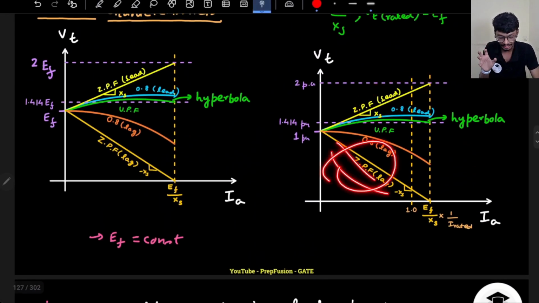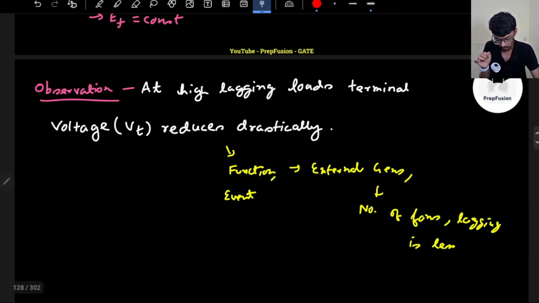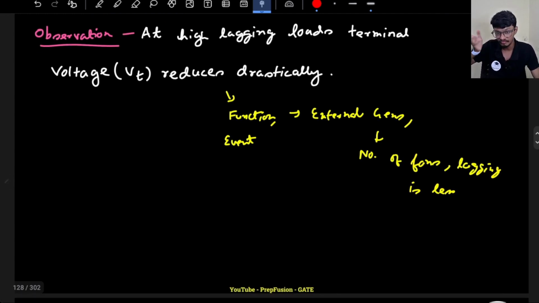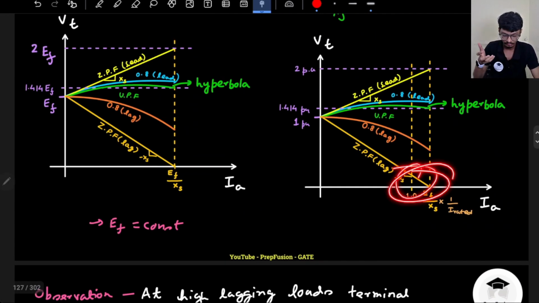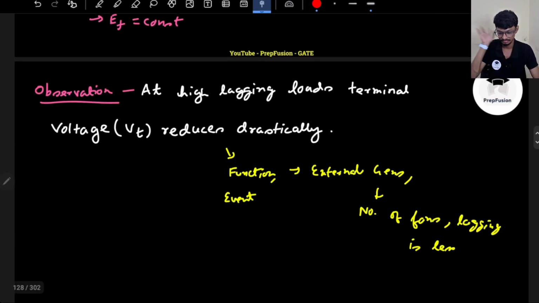But if a very high number of lagging loads are connected, the voltage drop will be drastic. 5 or 10 fans is fine, but if 20 or 50 fans are connected, the voltage drop will be significant and the motor will not work at all. Basically the voltage goes down to zero and there is no power.